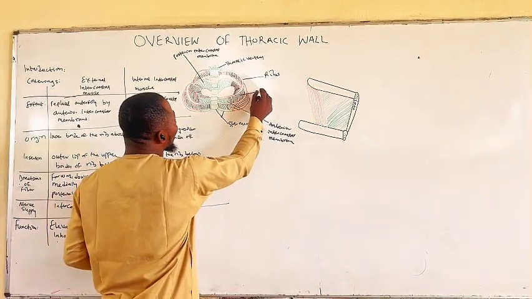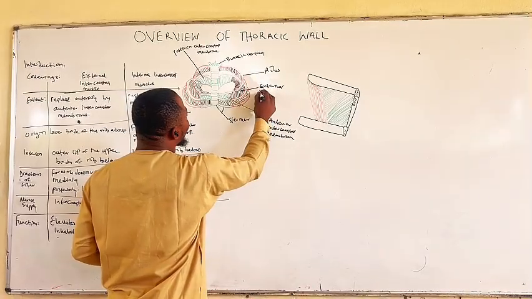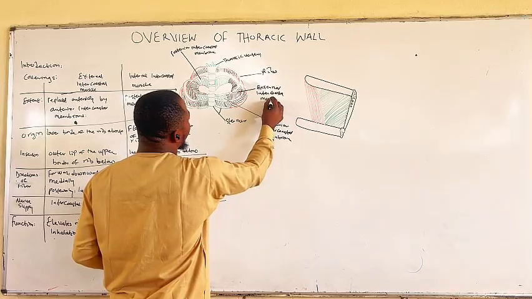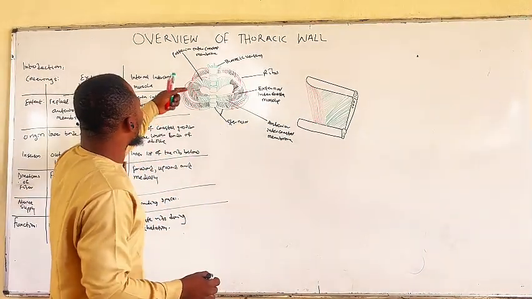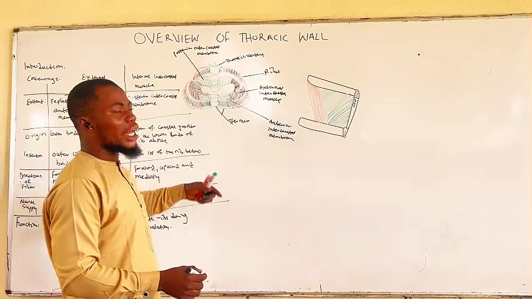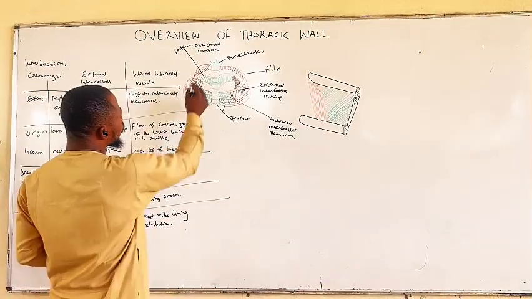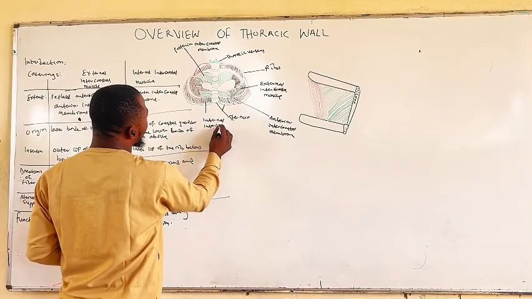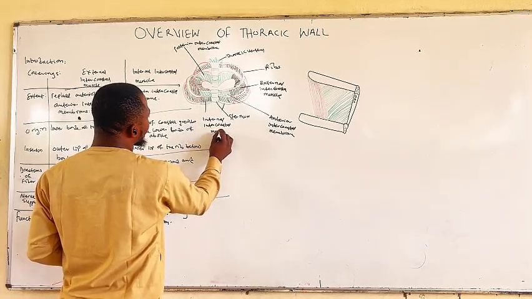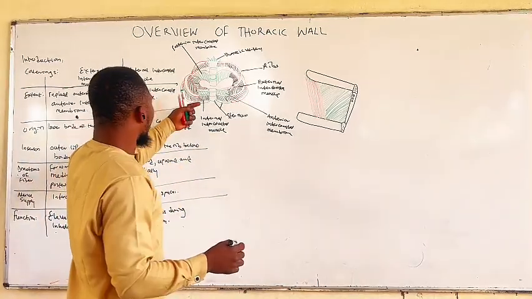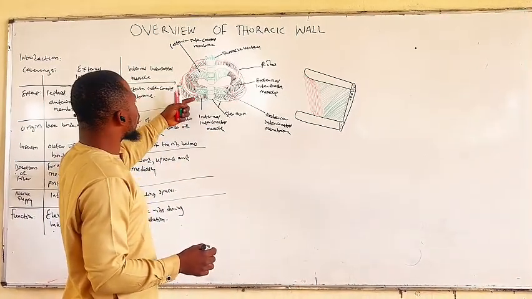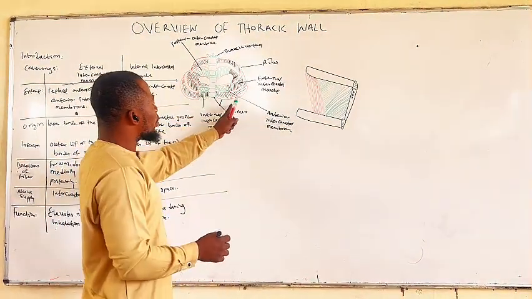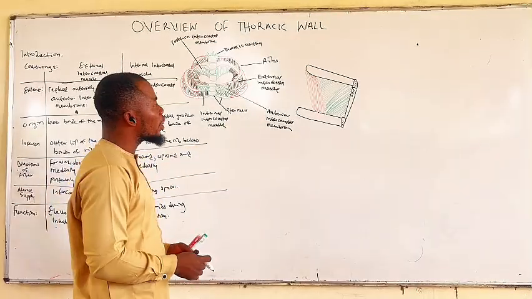So these are our external intercostal muscles. The posterior intercostal membrane is the one that replaces the internal intercostal muscles. So these are our internal intercostal muscles. Because its origin is going backward, the internal intercostal muscle is replaced by the posterior intercostal membrane, whereas the external intercostal muscle is replaced anteriorly by the anterior intercostal membrane.